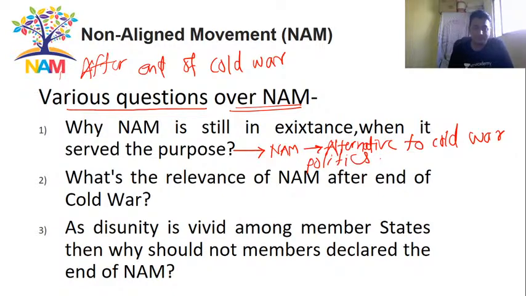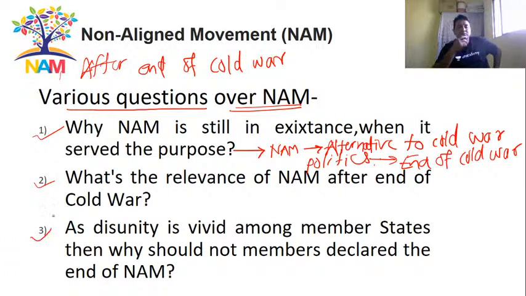Yes, this question is very valid. Why is NAM still in existence when it has served its purpose? It acts as an alternative to Cold War politics, and now there is no Cold War. Now it is the end of it. Valid question. Next, what's the relevance of NAM after the end of Cold War? This is also a valid question.